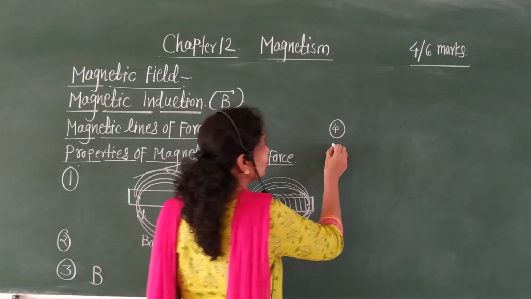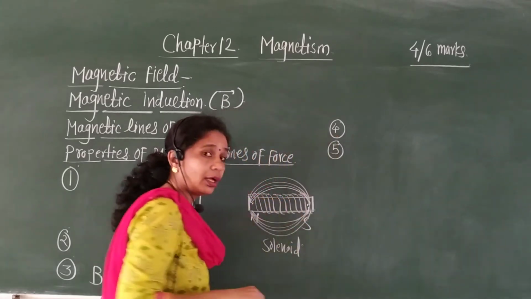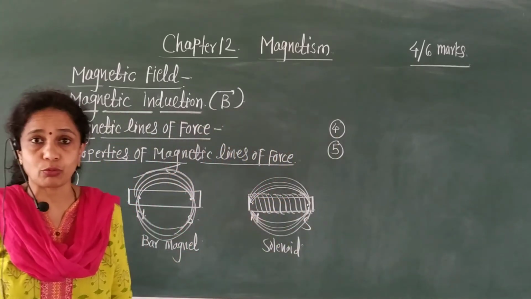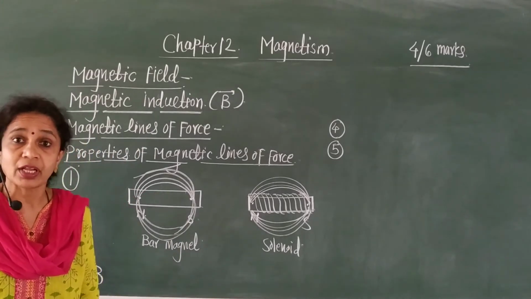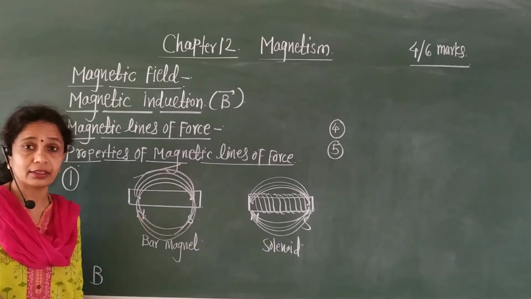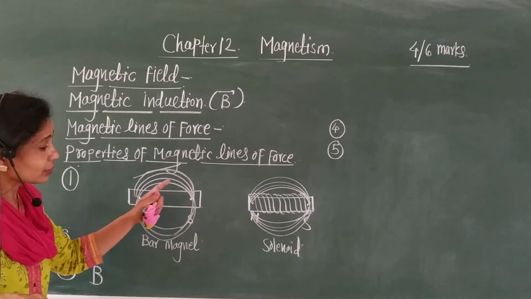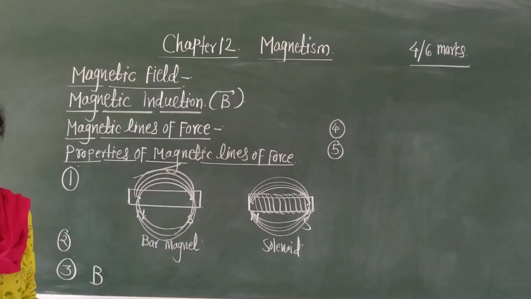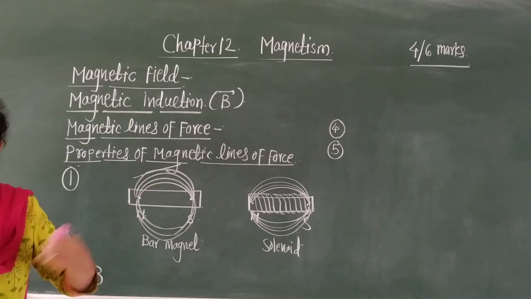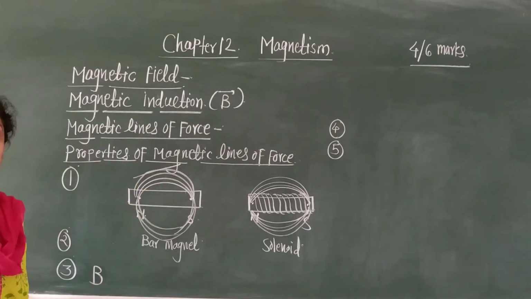Okay. Fifth one: the direction of magnetic lines of force inside the magnet is from south pole to the north pole. Inside the magnet, what is the direction of magnetic lines of force?